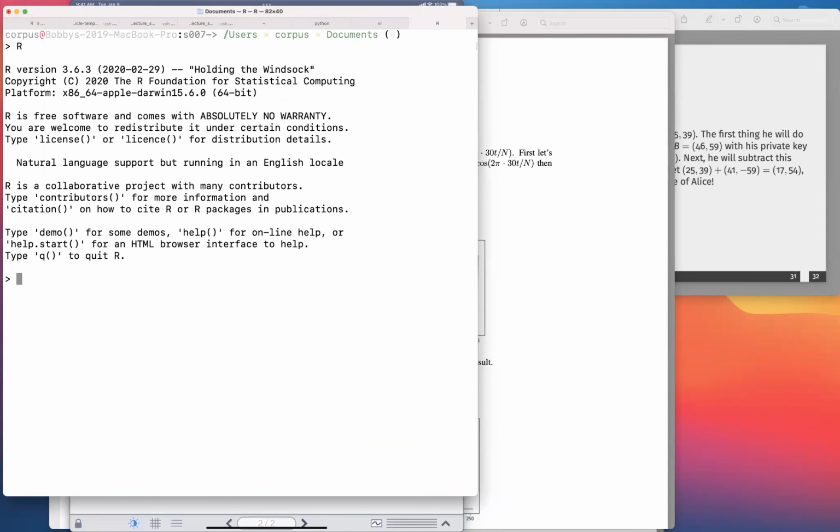Okay. Sample. Suppose I have a set of numbers C, the sequence 1 to 100.